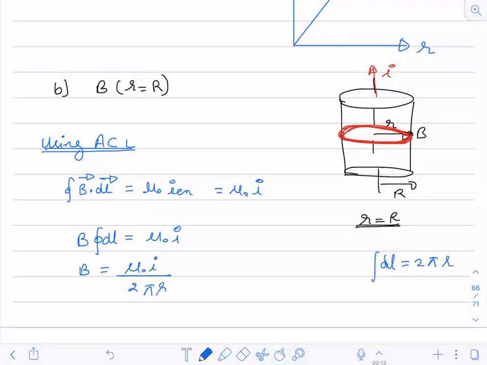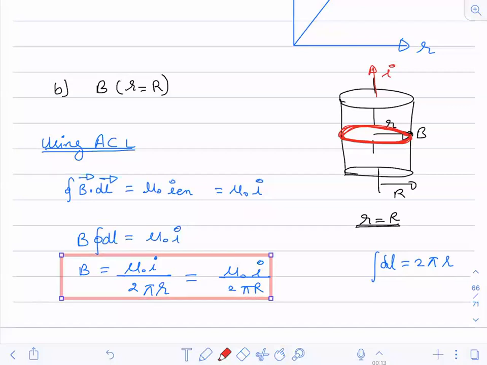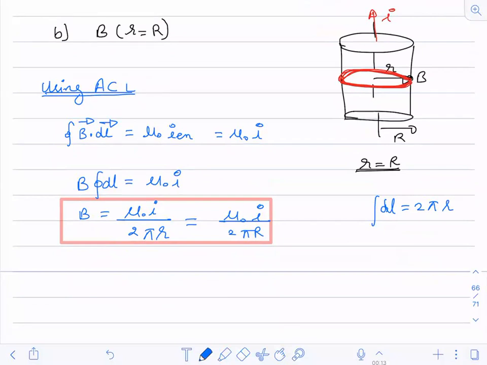This small r is nothing but equal to capital R. So this becomes my result. If you see here, this B value is constant, if I consider I as a constant current flowing through it and R as the radius of the given conductor.